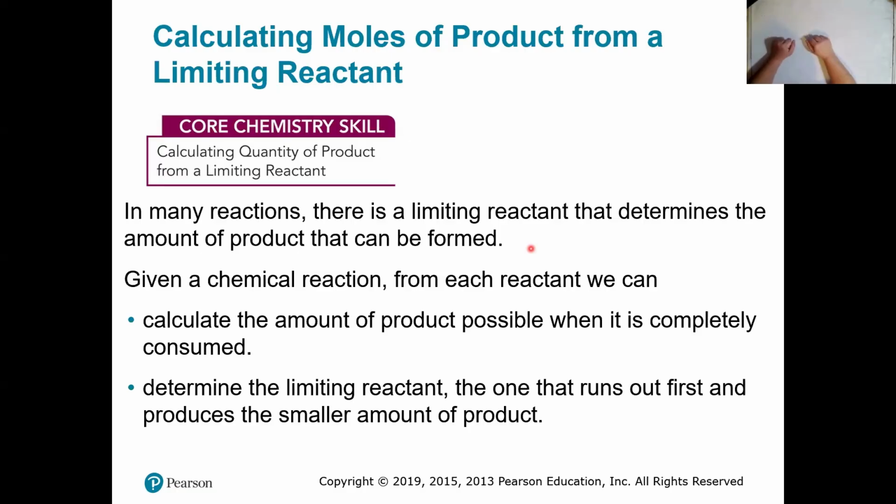In any reaction, when they're only telling you information about 1 reactant value, then you can assume that's the reactant value you're going to focus on and use to figure out the amount of product. But when you're given 2 reactant values, you have to look at both of those reactants. You have to see how much product each one of them could potentially produce when it's completely used up, and then use that information to figure out the limiting reactant.